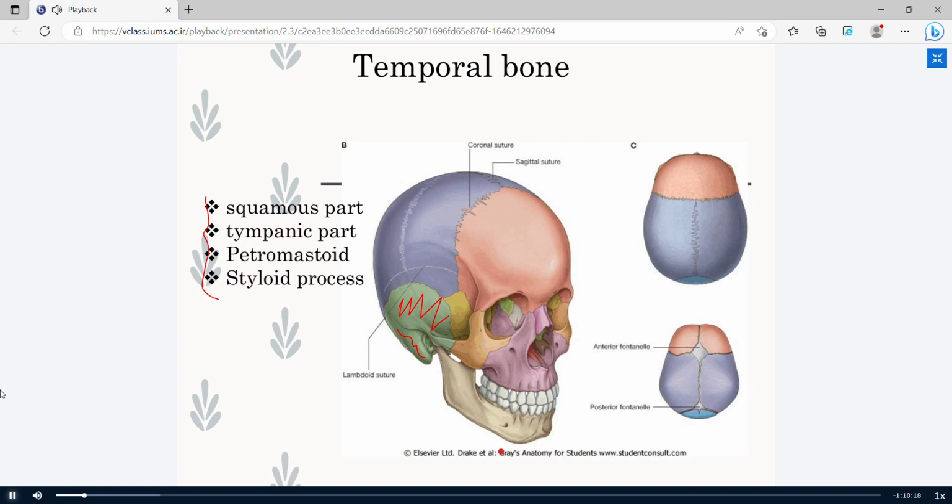In this picture, you can see the temporal bone attached to the parietal bone at the superior, inserted to the sphenoid bone anteriorly, and attached to the occipital bone posteriorly.